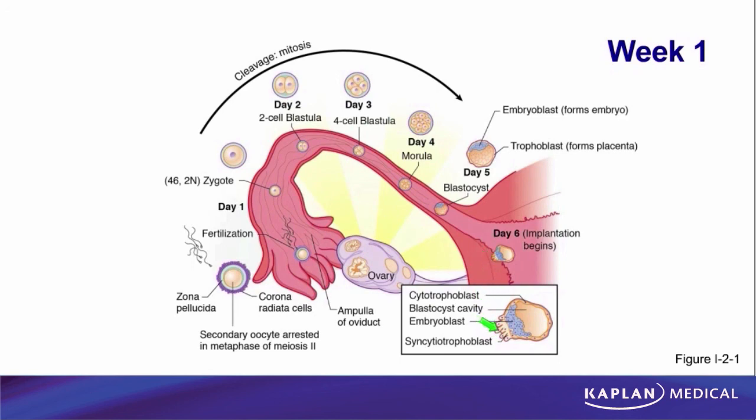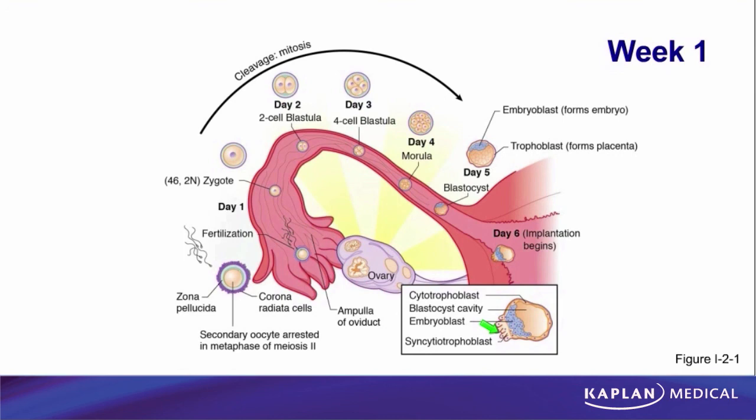Now, another important role for the syncytiotrophoblastic cells is that they secrete a hormone called chorionic gonadotropin. Chorionic gonadotropin is a hormone that will go back and signal the mother's ovary to tell the ovary to retain the corpus luteum that forms after ovulation.